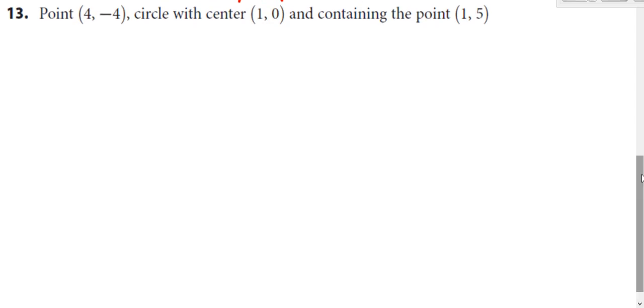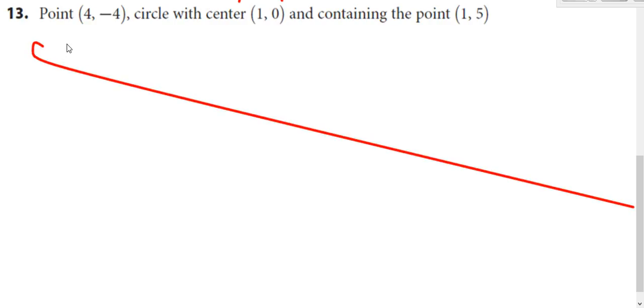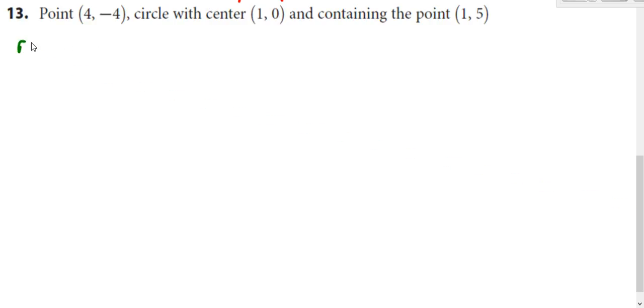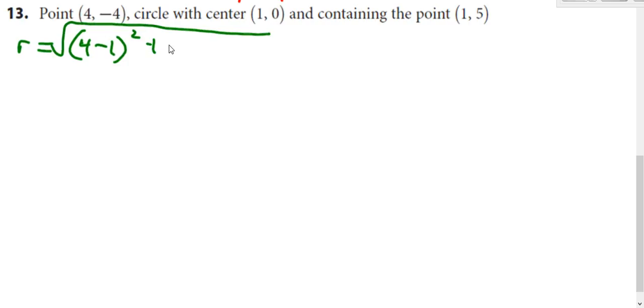Almost the same question we've been dealing with. We have the point and the center, so we're going to find the radius. So we take 4 minus 1, and then -4 minus 0.